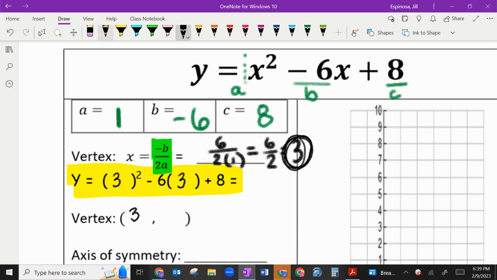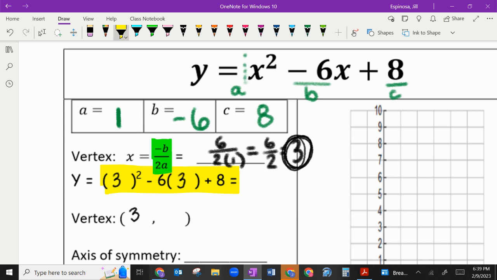You're going to plug this into the calculator. So you're going to do parentheses 3 squared minus 6 parentheses 3 plus 8. When you plug that into the calculator, so take a moment, pause the video, plug it in, and you will get negative 1.